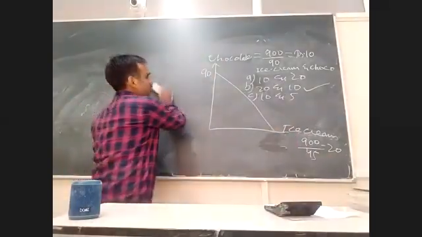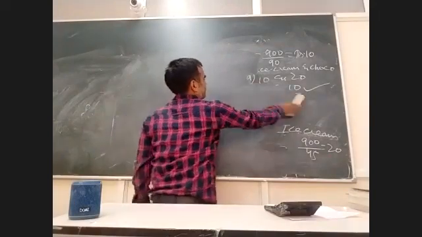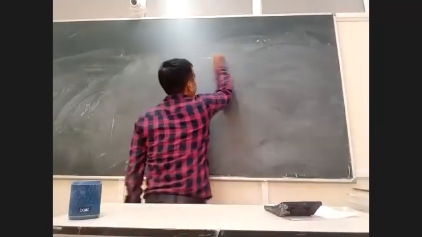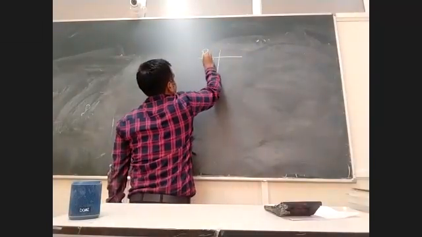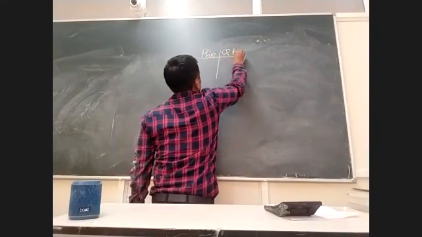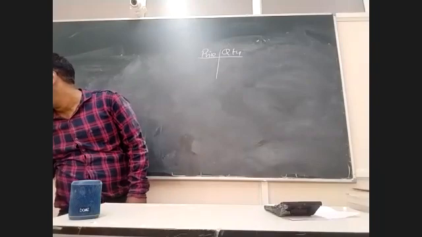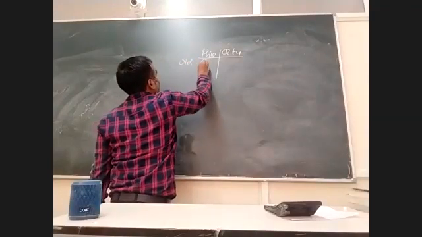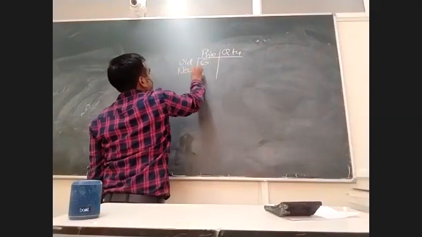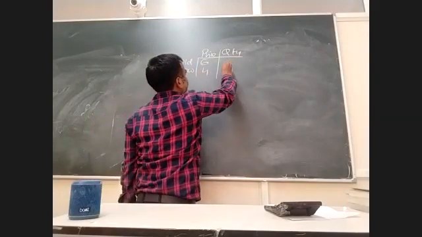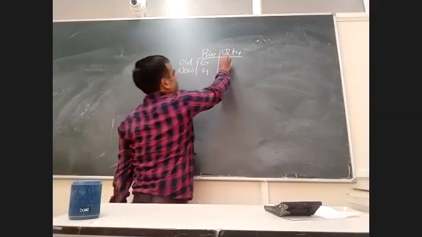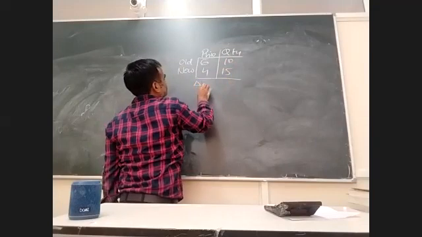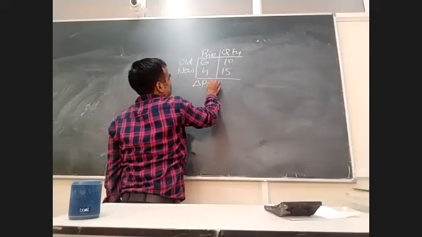Okay, Darshan. Yes, sir. So here, the price is 6 to 4, so the old price is 6 rupees and the new price is 4 rupees, and the quantity is 10 to 15.